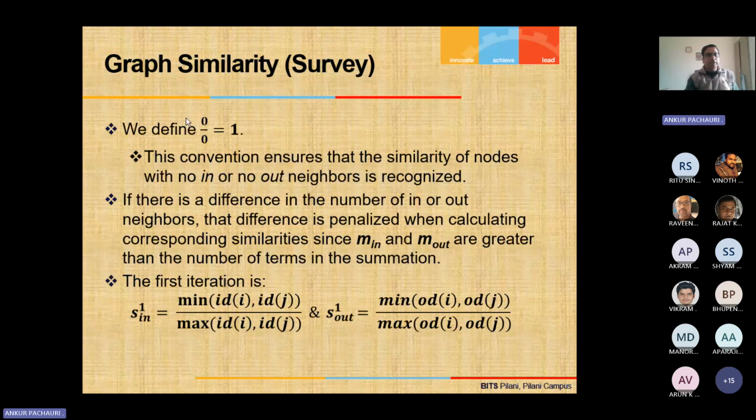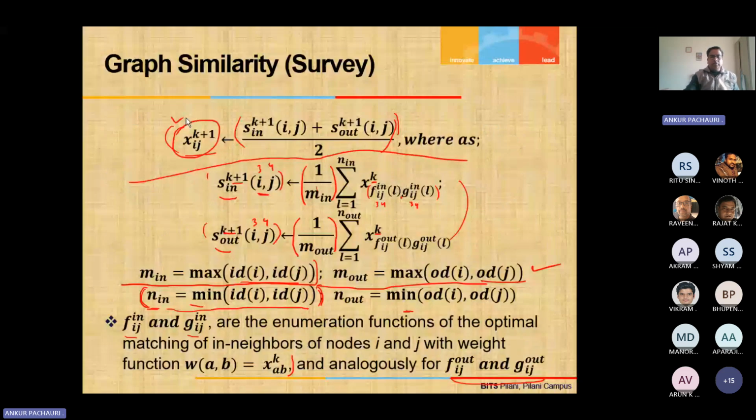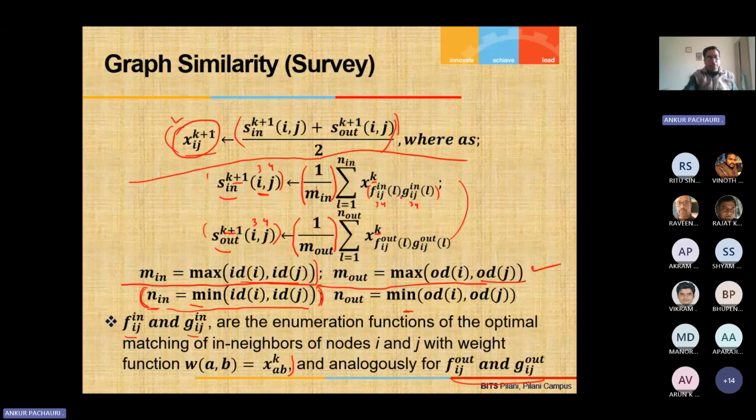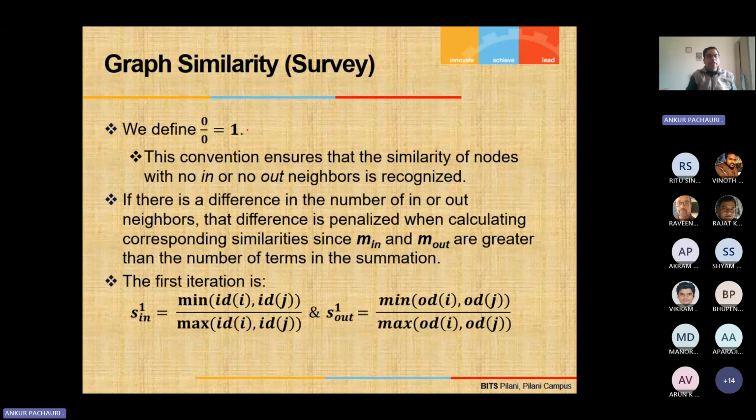Fine. So we define 0 by 0. Now there may be some special cases in which we have a 0 by 0 case. In that case, we will be replacing it with a unit value. This convention ensures that the similarity score with no in or no out neighbor is recognized.